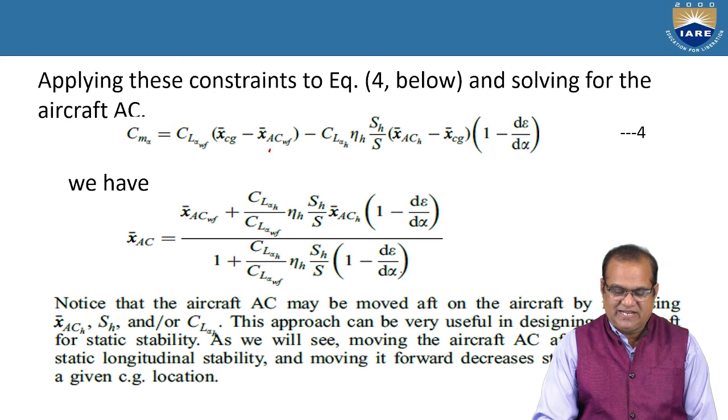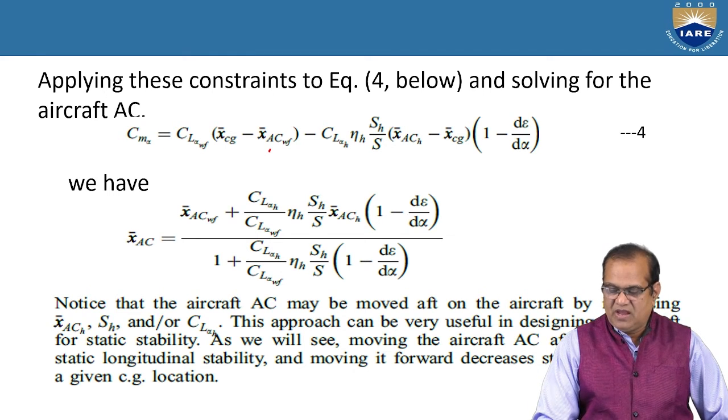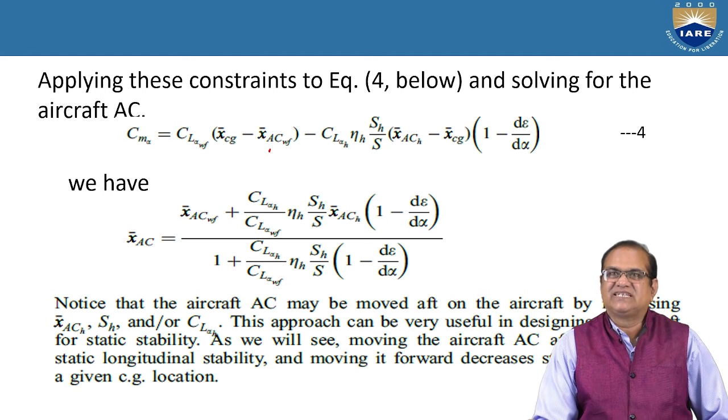So notice that the aircraft AC may be moved aft on the aircraft by increasing XAH. XACH means it is the aerodynamic center of the horizontal tail.